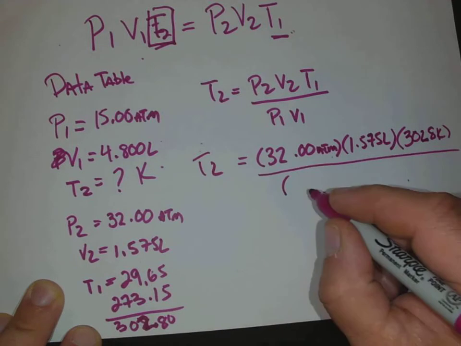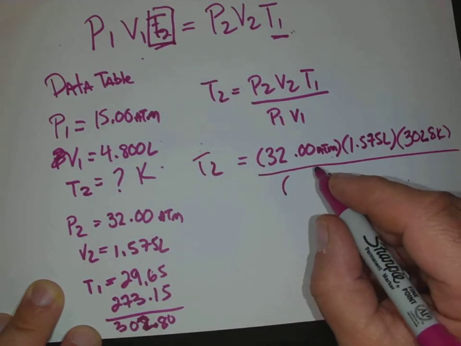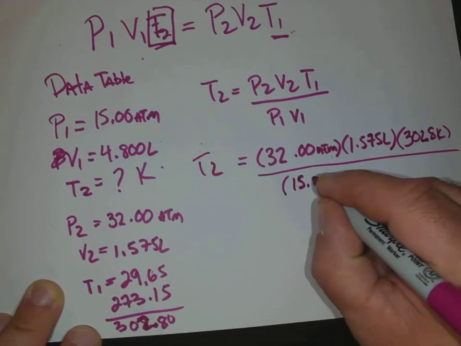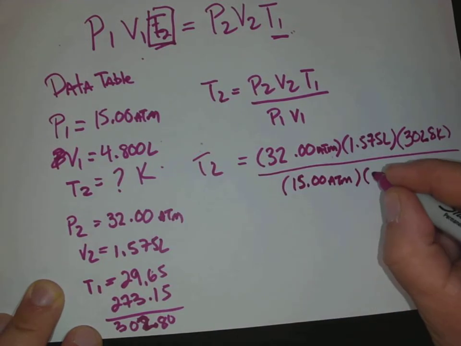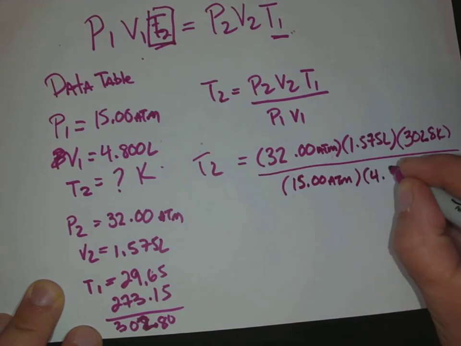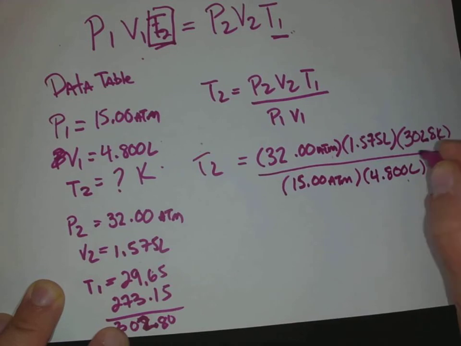Again, we're looking for T2. The initial pressure was what, 15 atmospheres. The initial volume was 4.800 liters. So atmospheres goes bye-bye, liters goes bye-bye.